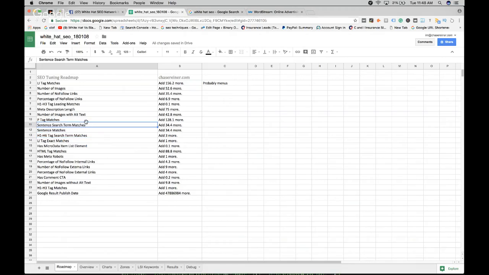All right, and then the sentence matches. Wait, can I ask one more question about that? Does that have to do with keyword density, like the amount of words you have on the page, or just the amount of time people are using it? It's telling you that your higher ranking competitors are using the match words more frequently in their paragraphs than you are.